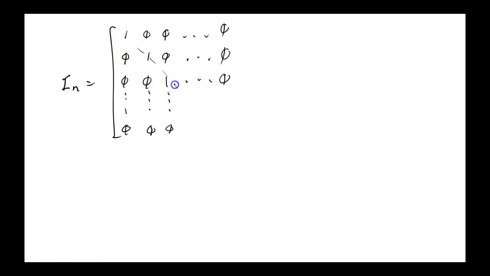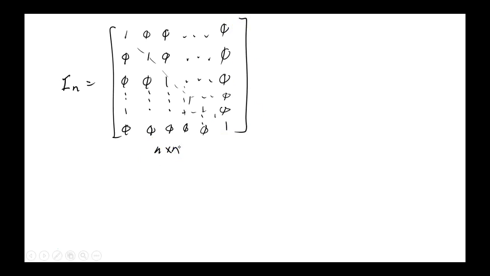All your diagonal entries are always 1s, including the last one, and everything else is 0. There's 1 non-zero entry on each row, and that's on the diagonal. All the rest of them are zeros. That's an n by n matrix.